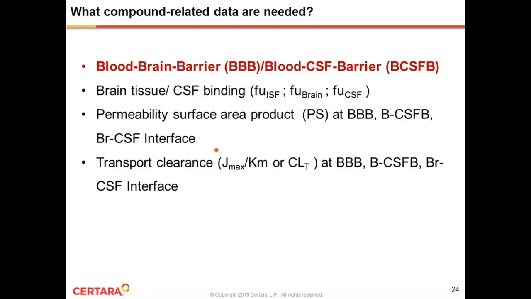The other important factor is the transfer of the drug from one compartment to another, which can be either passive, determined by the permeability surface area product, or PS as we call it, so the PS across the BBB or the blood-cerebrospinal fluid barrier, or you need to know the transporter clearance via the Jmax and the Km through the different barriers of the brain.